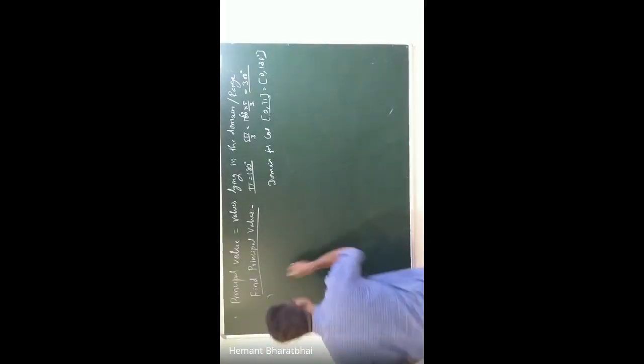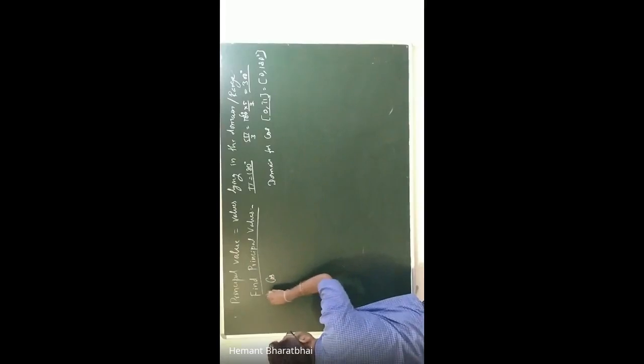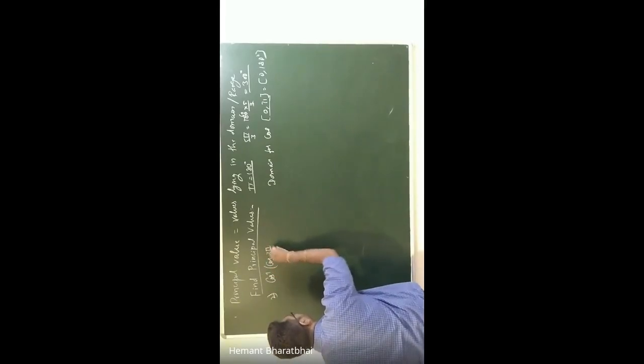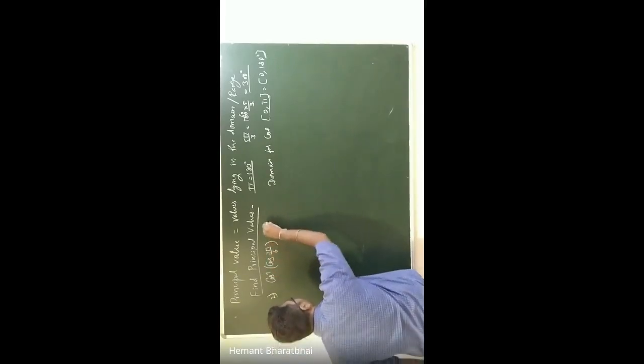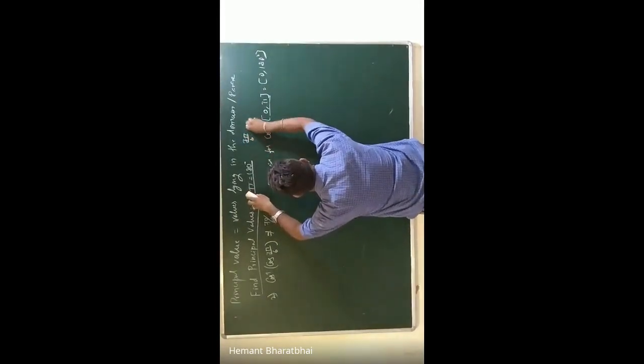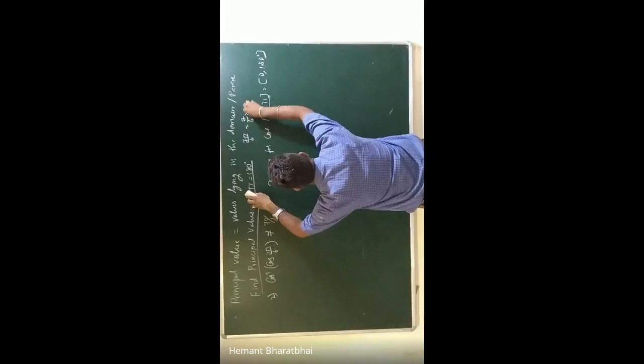Cos inverse of cos of 7 pi by 6. Now again this will not be equal to 7 pi by 6, because when we do 7 pi by 6, that will be 7 by 6 into 180.